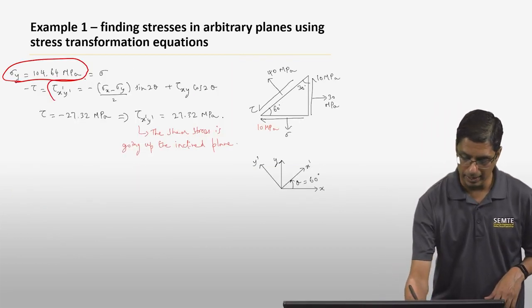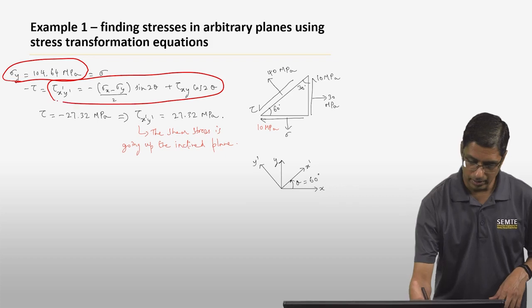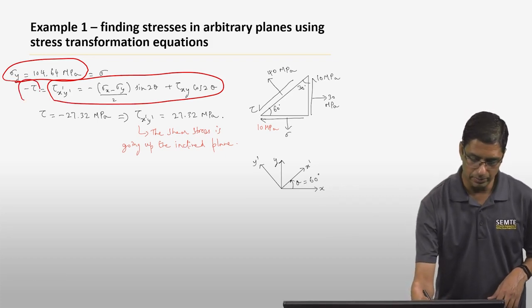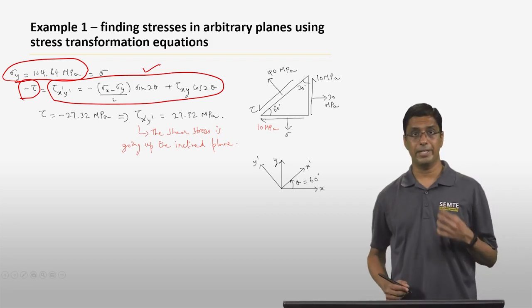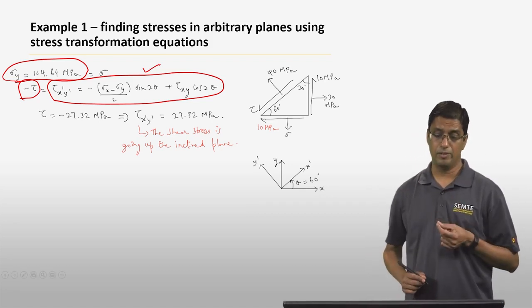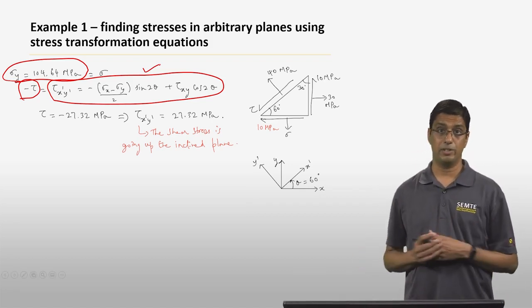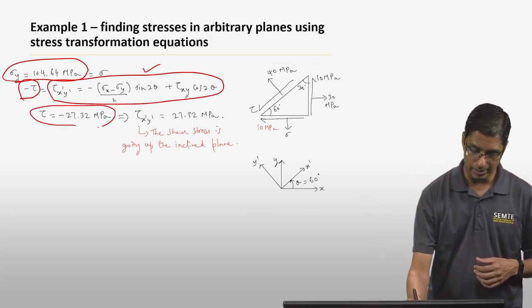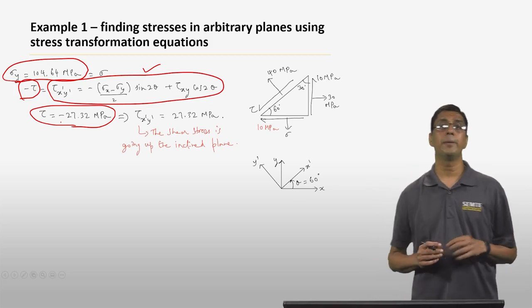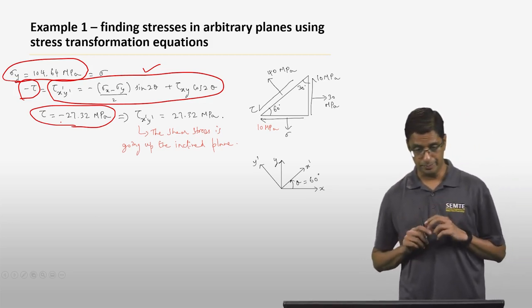That is equal to minus tau. In this equation, everything is known. We were given sigma x, we just solved for sigma y, and tau xy is also known. So then you can solve for tau, and tau turns out to be minus 27.32 MPa.